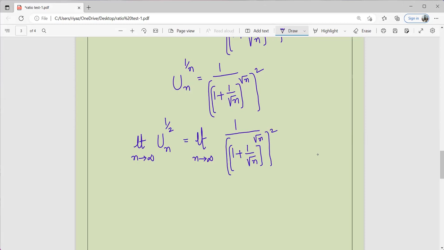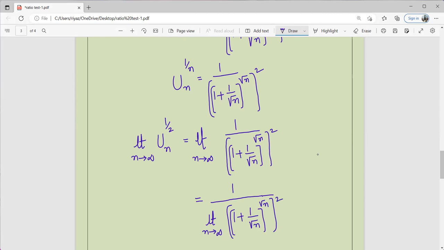Now this limit value will go to the numerator, that is 1 only, and the same limit will go to the denominator. In the numerator, the limit of a constant is the constant itself.